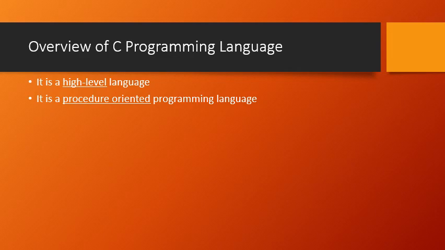So in C programming, the orientation or focus is on such tasks, which we call procedures. In other words, a procedure is a collection of statements which have to be executed, and all those statements will be doing one particular task or job. We will focus more on this procedure orientation once we begin writing the code.